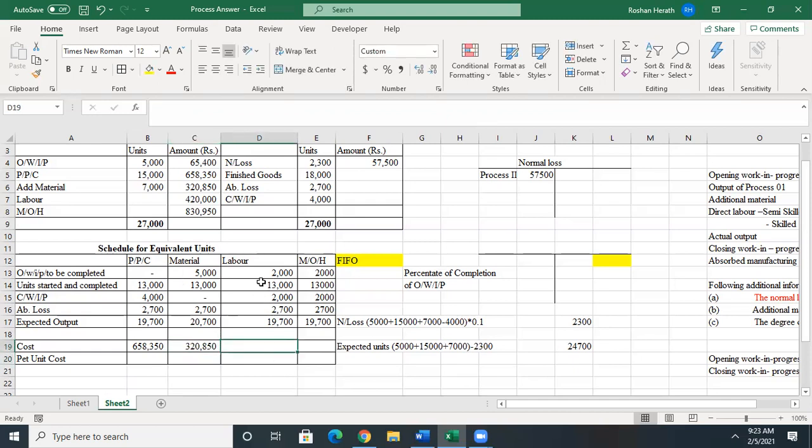Labor you incurred how much? 420,000. Manufacturing overhead you incurred 950. When it comes to the previous process cost, you have this normal loss value, so that must be excluded. 7,500. So once you deduct that, it comes as 600,850.